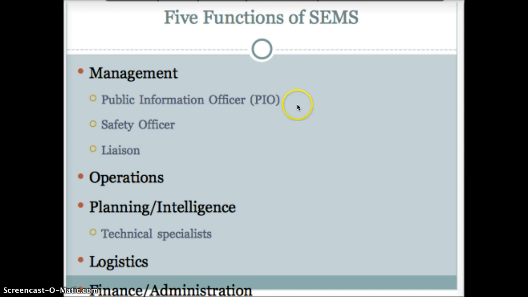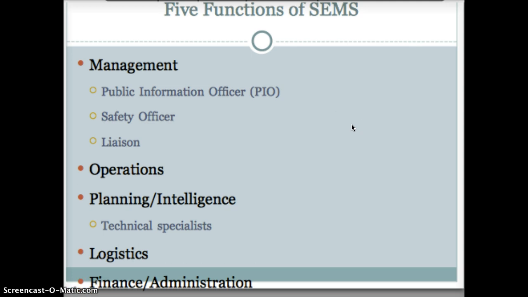This is a very important position, so the press gets it from one source and not a whole bunch of people. The other important one is a safety officer. And then there will be your liaison between the other sections: operations, planning and intelligence, logistics, and finance and administration.